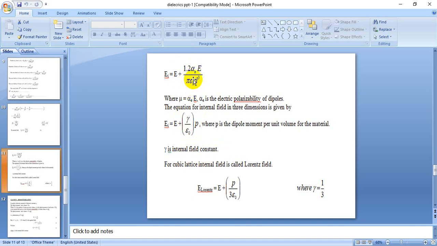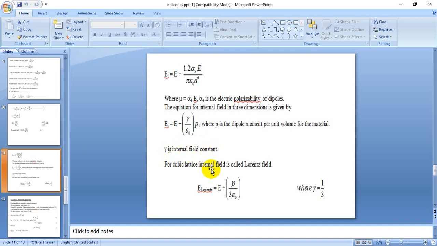Epsilon naught will be there, and all the other values I removed and substituted gamma, for the value 1.2 by pi d cube. Instead of alpha E, I can write the polarization P, the dipole moment per unit volume. That gamma is called the internal field constant.